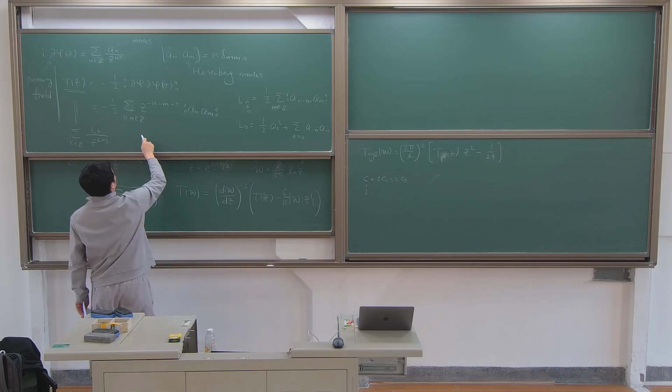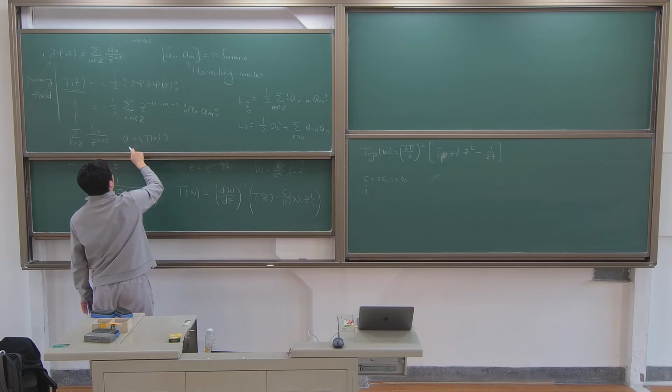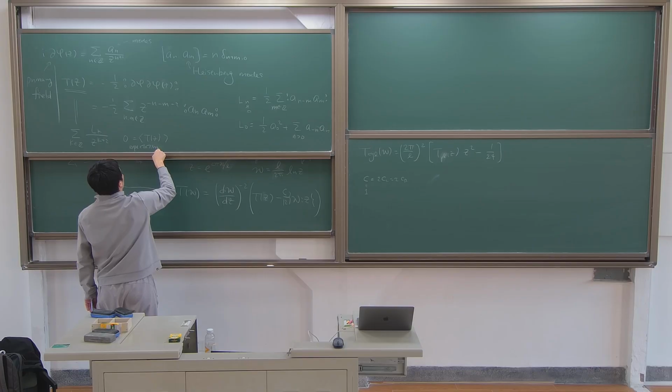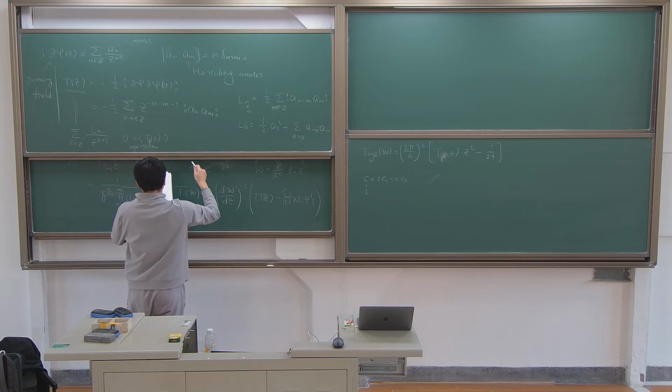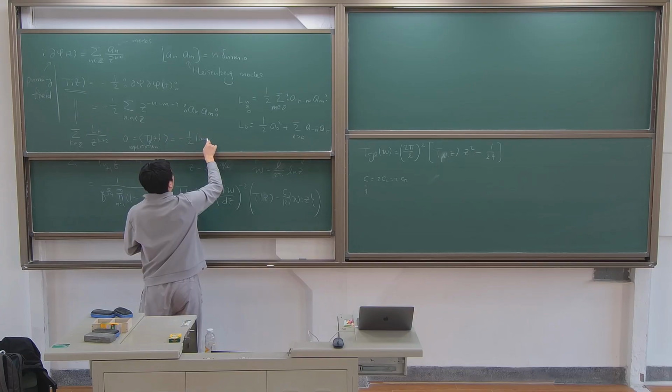So we expect that the expectation value of T is equal to zero. So this is the expectation. Okay, this is plane. And in fact, this can be defined as minus 1/2. So this is the definition. Okay, that's the definition, limit epsilon goes to 0.